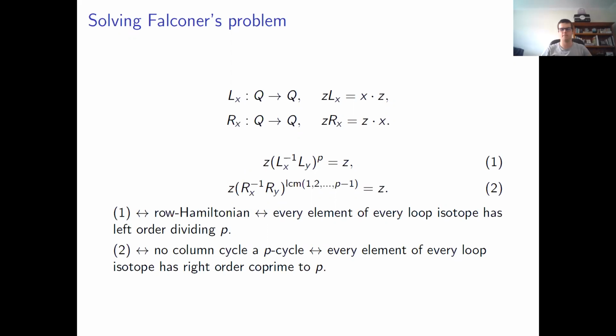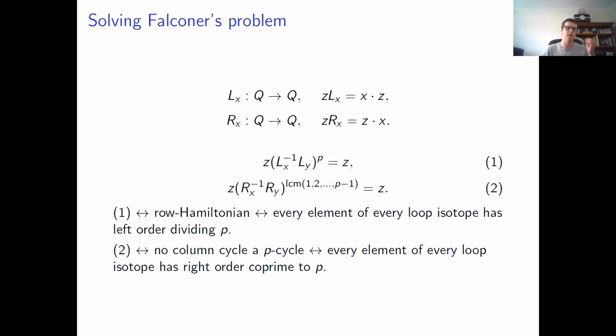Firstly, because these identities concern the left and right orders of every element of every loop isotope of a loop, it's not too hard to see that this variety is closed under taking loop isotopes, so it's isotopically L-closed. Also, in a group, the left and right orders of an element are the same.